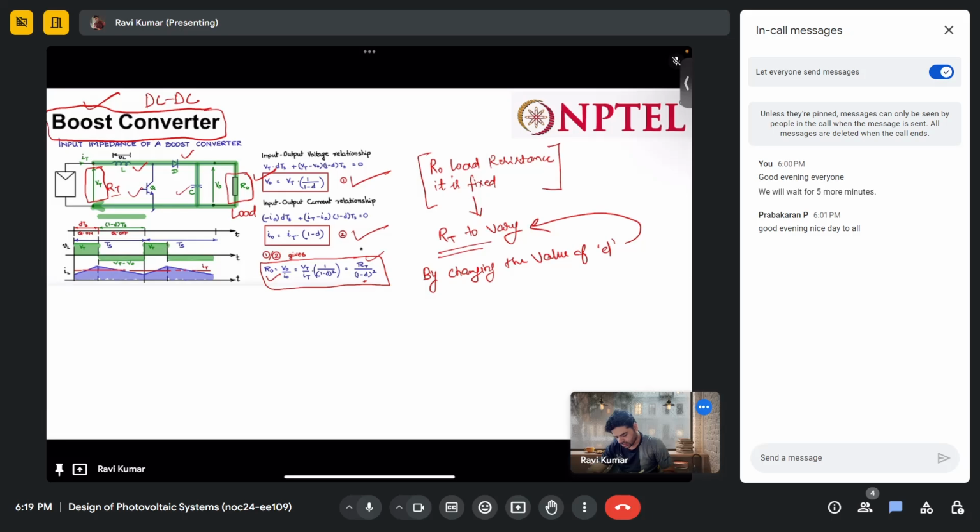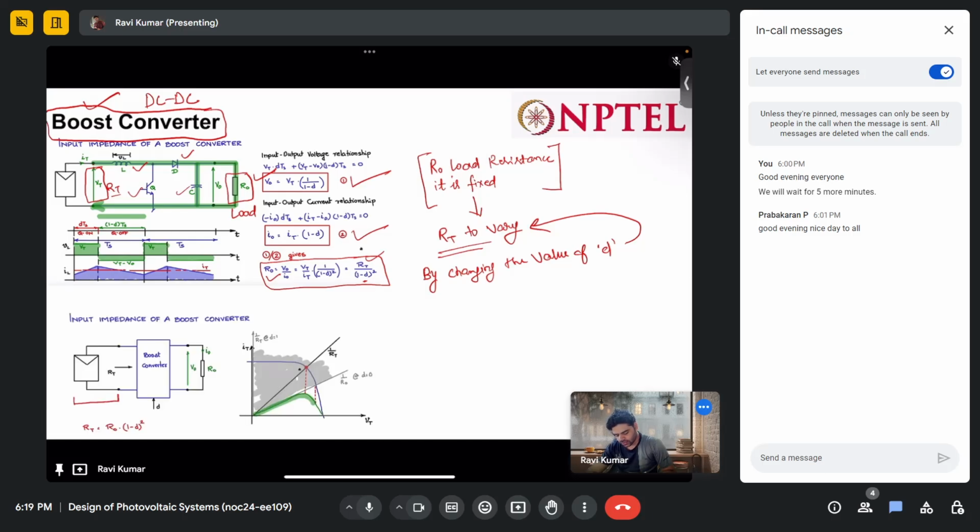So let us understand like this. This is a solar PV panel, this is our load, and this is the device, the boost converter. The relation says: if D equals 0, then RT will be equal to R naught. And if D equals 1, then RT will be 0.